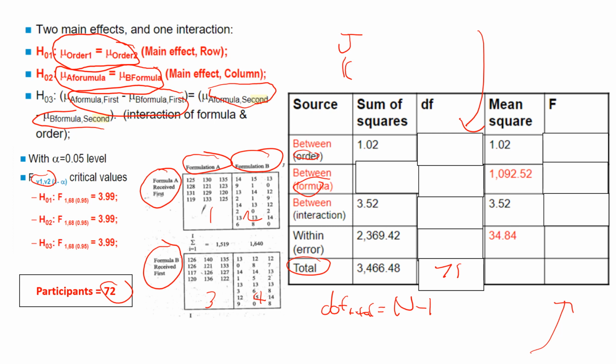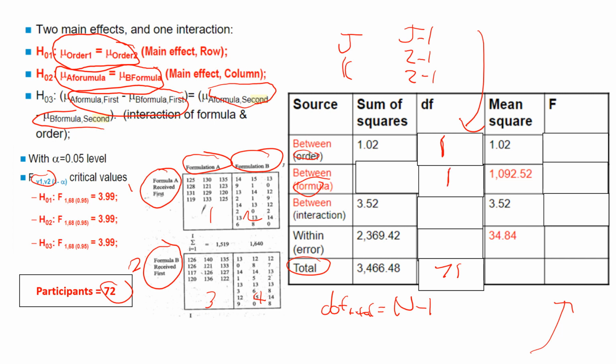So for our rows, we have 1, 2 rows. And in order to find the degrees of freedom of a row, we would do J minus 1, so 2 minus 1. This would be 1 degree of freedom. Same with this, K minus 1, so that's 2 minus 1 is also 1.